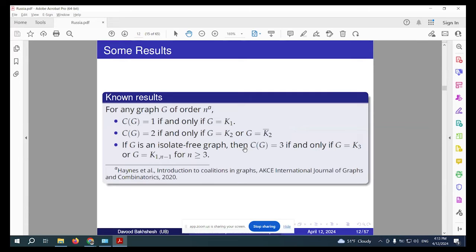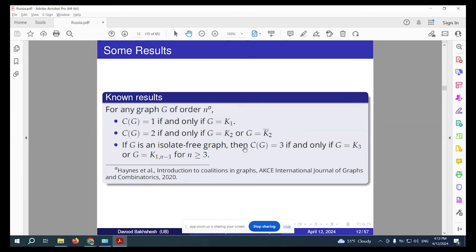Okay, some other results. For any graph G of order n, C(G) is equal to 1 if and only if G is equal to the complete graph K1, and C(G) is equal to 2 if and only if G is equal to K2 or G is equal to the complement of K2.